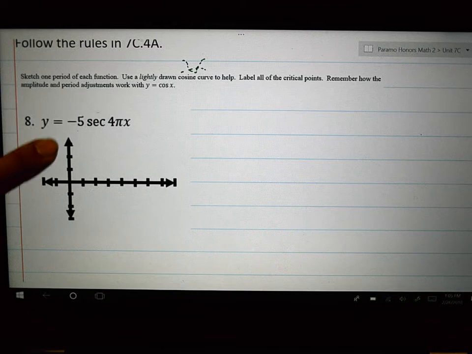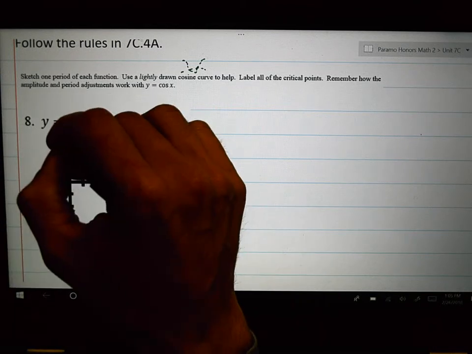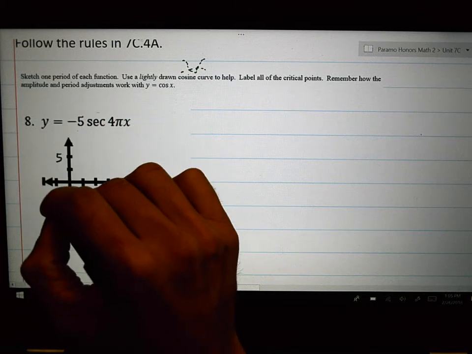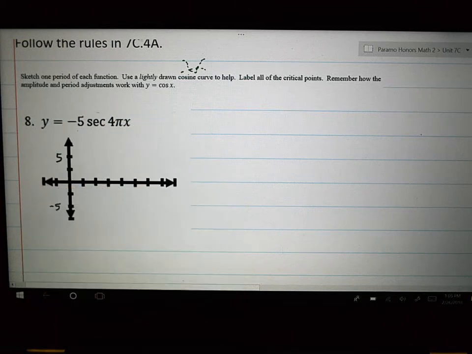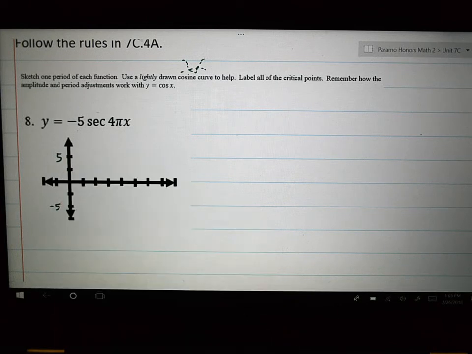Here we go. First and foremost, I'm going to count by fives. This is going to be 5 units. This is going to be -5 units. That helps me. Why does it help me? Because then I know I'm going up 5 units and down 5 units. That's where the amplitude is.